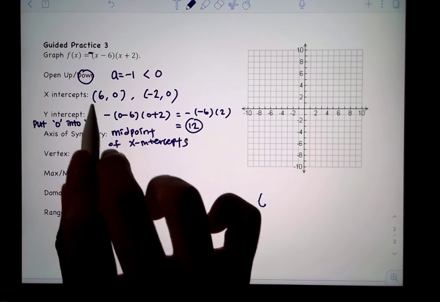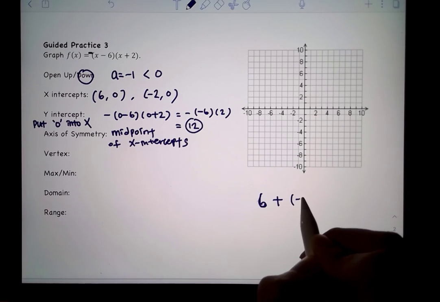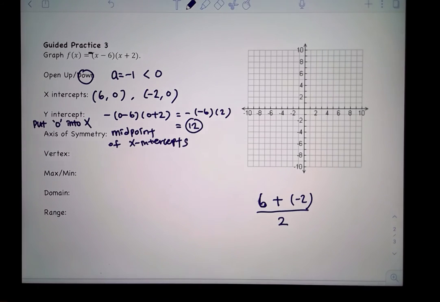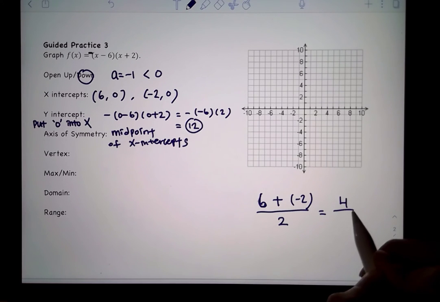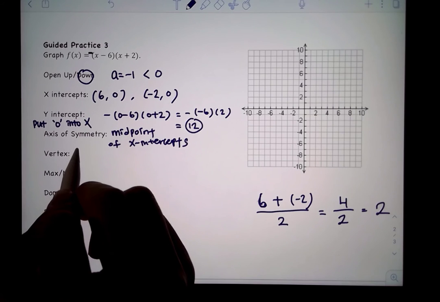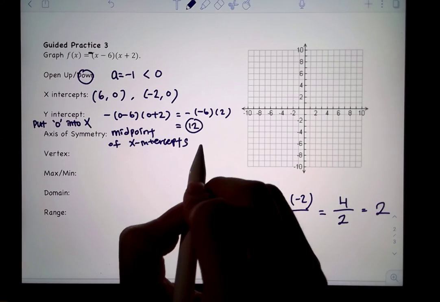So 6 plus -2 over 2. So 6 plus -2, that's 4 over 2, which is 2. So my axis of symmetry is x equals 2.